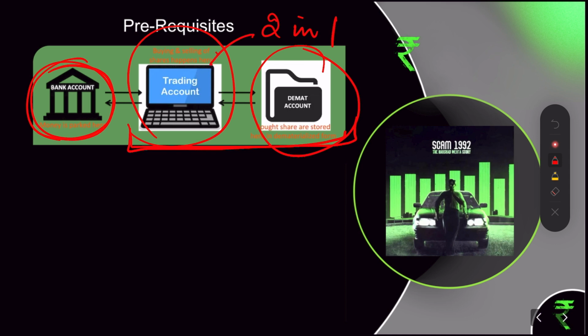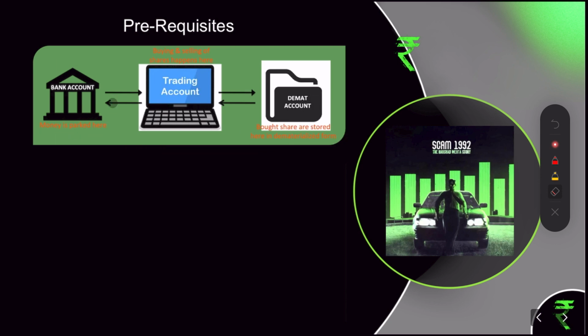If you open a trading account with any broker, they will automatically open a Demat account and link it with the trading account with one of the depositories, which is NSDL or CDSL. It will take just around 10 minutes. Mostly you will need an ID proof, PAN card, and a bank account. These are the only documents that you need to provide.